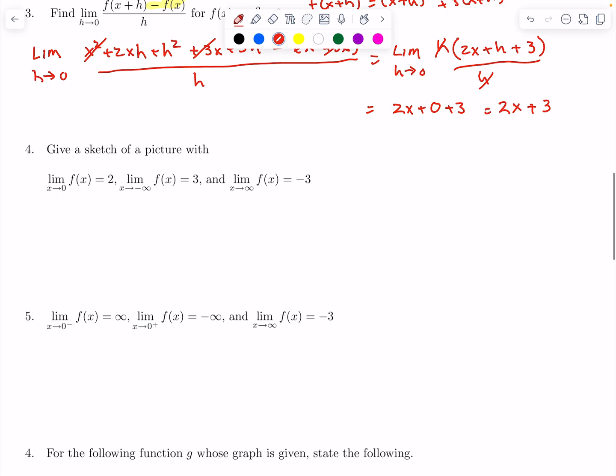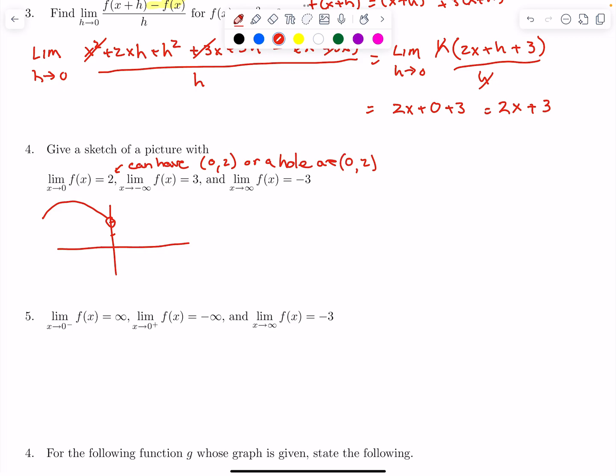Okay, so let's just sketch a picture. These things, there's a lot of freedom that you have. As x goes to 0, you'll reach a height of 2. You can have the value there, or you can have the value not there. It doesn't really matter. Limit as x goes to negative infinity is 3.